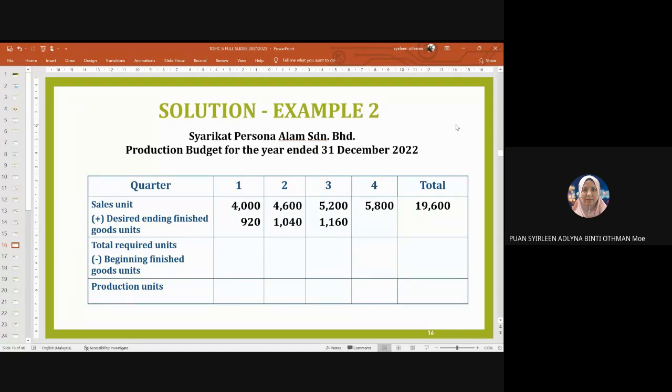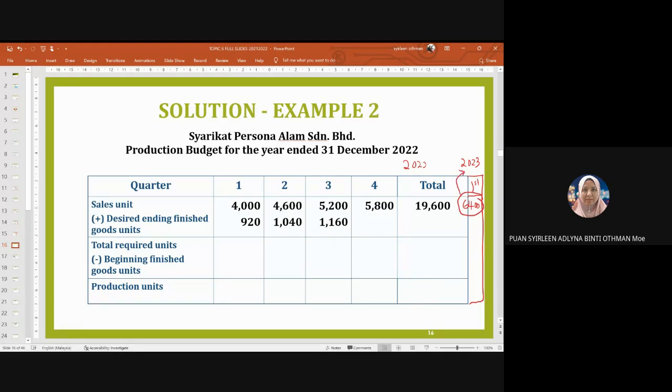Maknanya ini untuk 2022. So kalau here, I have another column for 2023 untuk first quarter. So sales volume saya akan jadi 5,800 tambah 600. Yang ni akan ada 6,400. This is for first quarter of 2023.